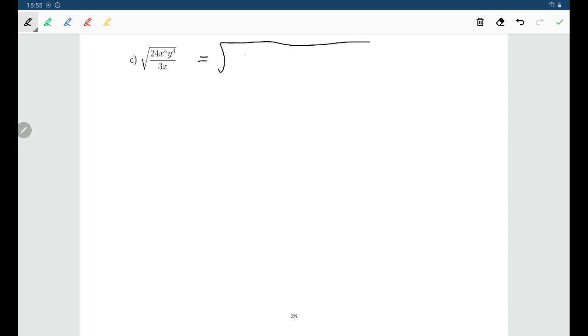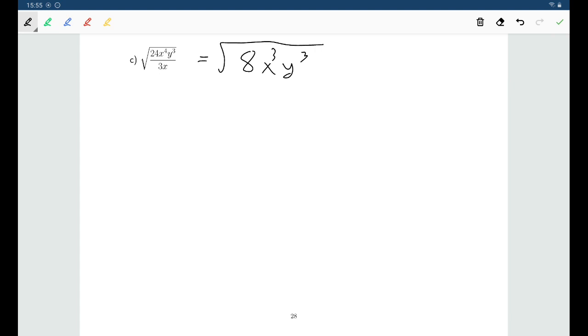It goes into 24 8 times. Similarly, I have x to the power of 4 over x, which is the same thing as just x cubed. So really, if I were to simplify things inside that root, it simplifies out to give me root of 8x cubed y cubed.